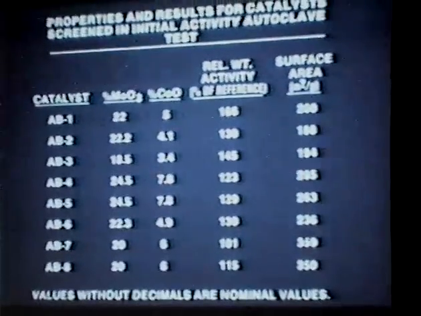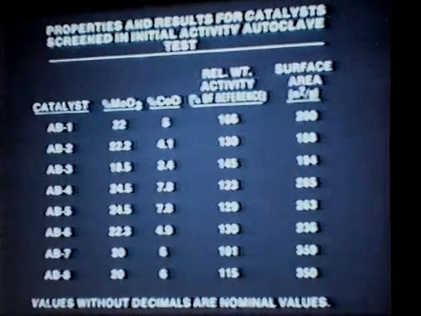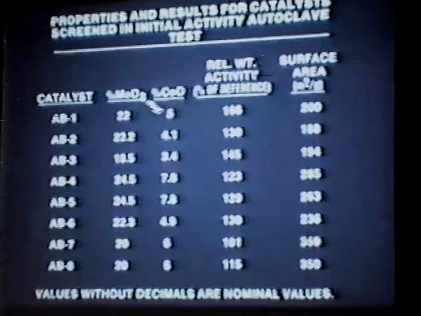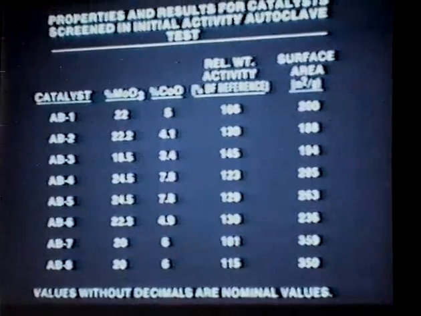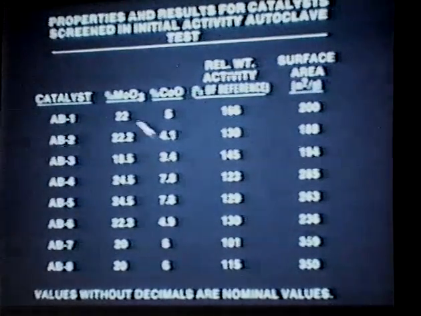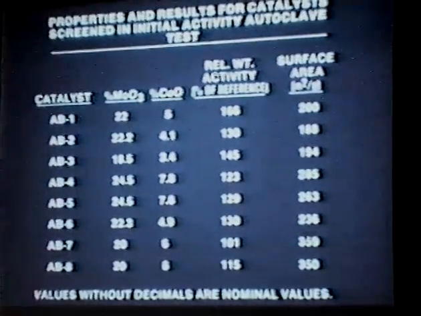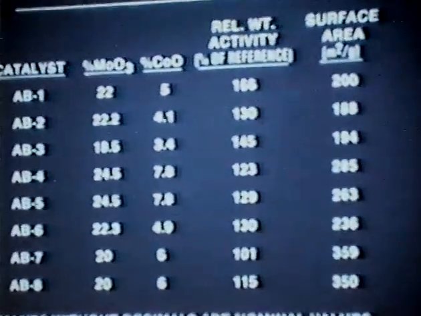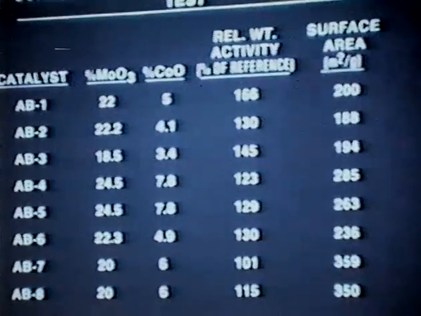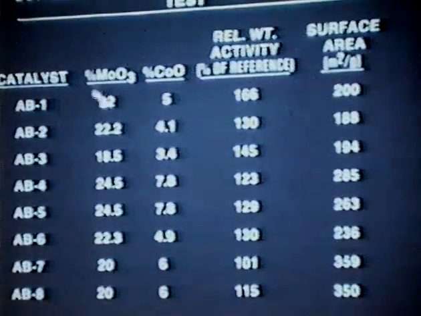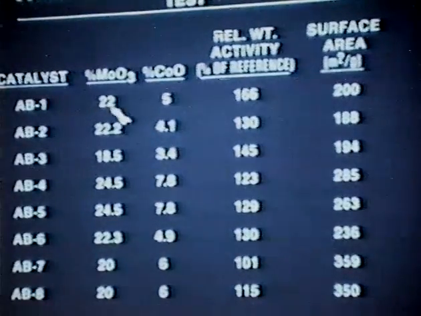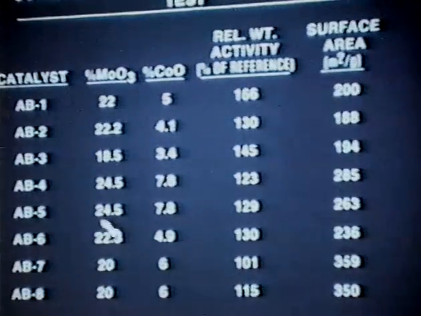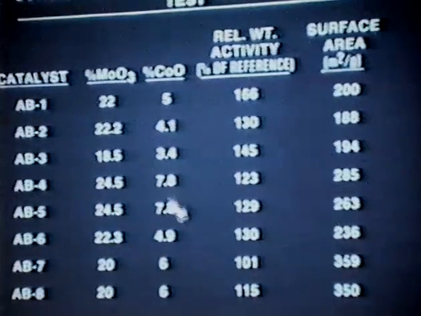The catalysts that were tested in this particular phase of the work are shown on this slide with this nomenclature, but you can see that the percent of MoO3 varied quite a bit, 22, 18, and in between, and cobalt oxide varied accordingly.